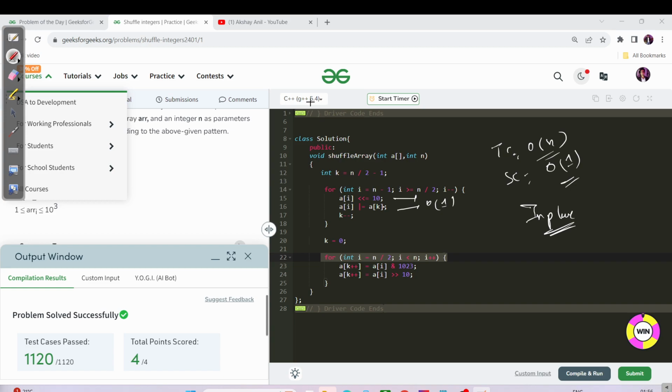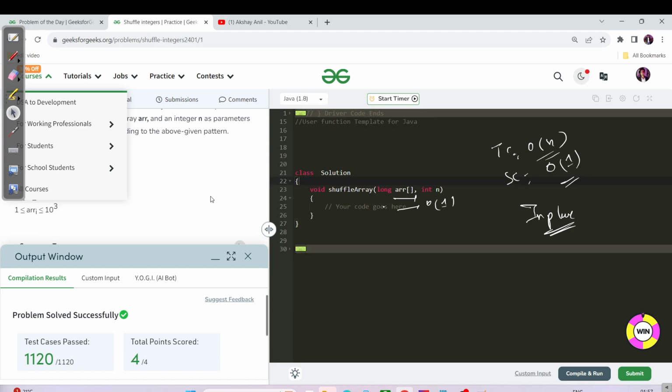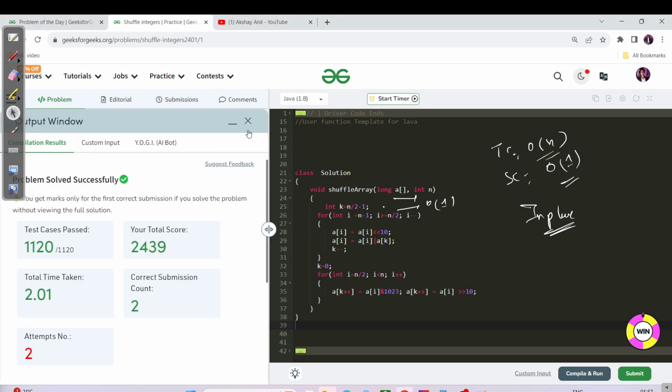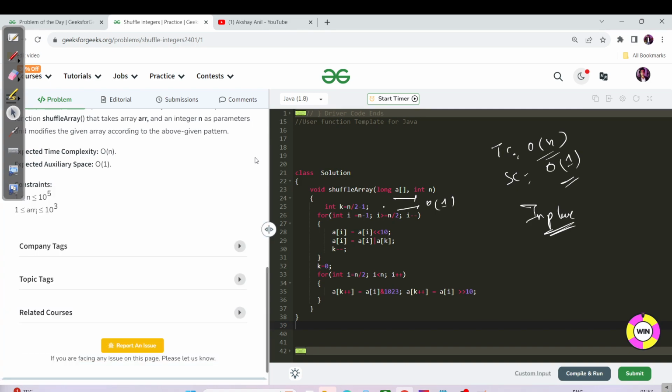Great. So the same code we can see in Java as well, but the same code in Java may not work correctly. So that's the code in Java, and the test case has been passed successfully. Sometimes it works correctly, but sometimes you could get TLE, right?